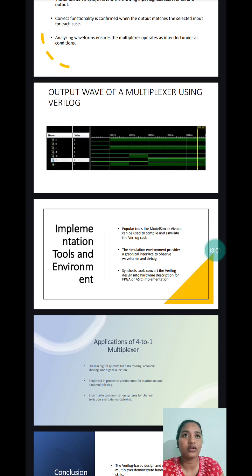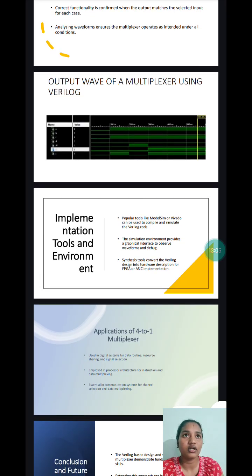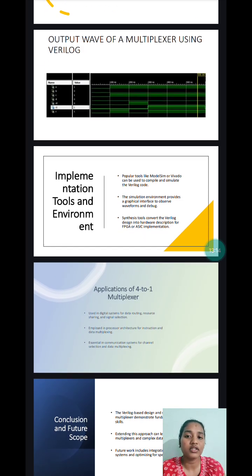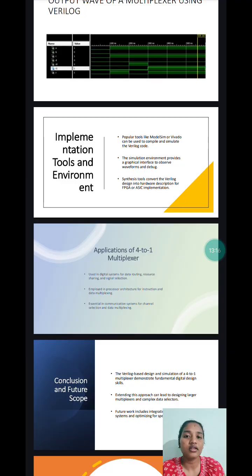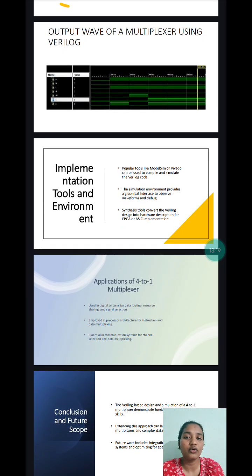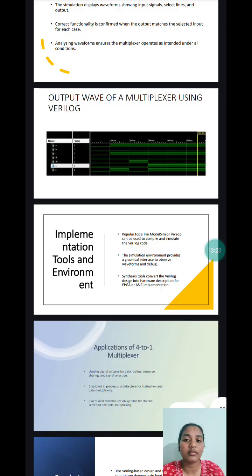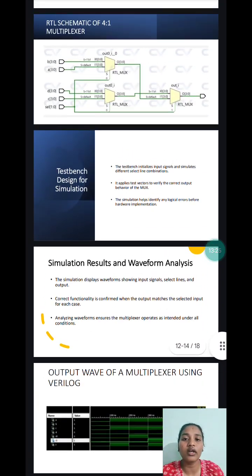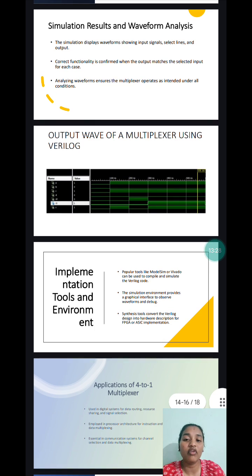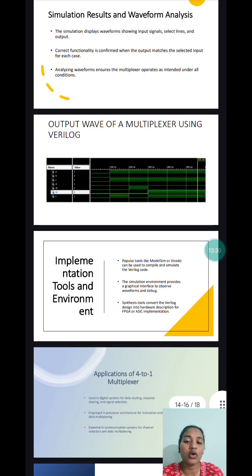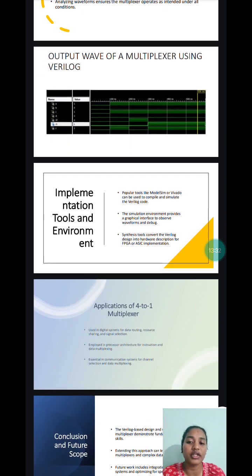If you give 0 0 as input, it results in A. If you give 0 1 as an input, it results in B. If you give 1 0 as an input, it results in C. If you give 1 1 as input, it results in D. By this you can follow that the multiplexer follows the code in Verilog, and through the code only the output is also generated.